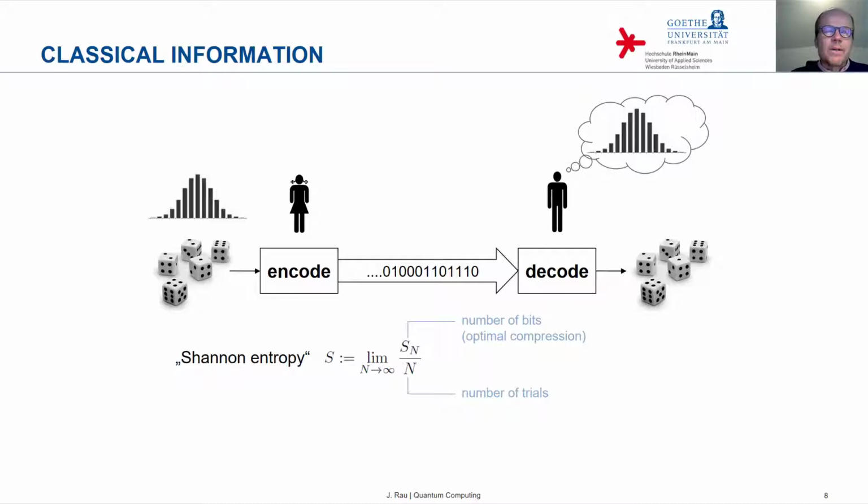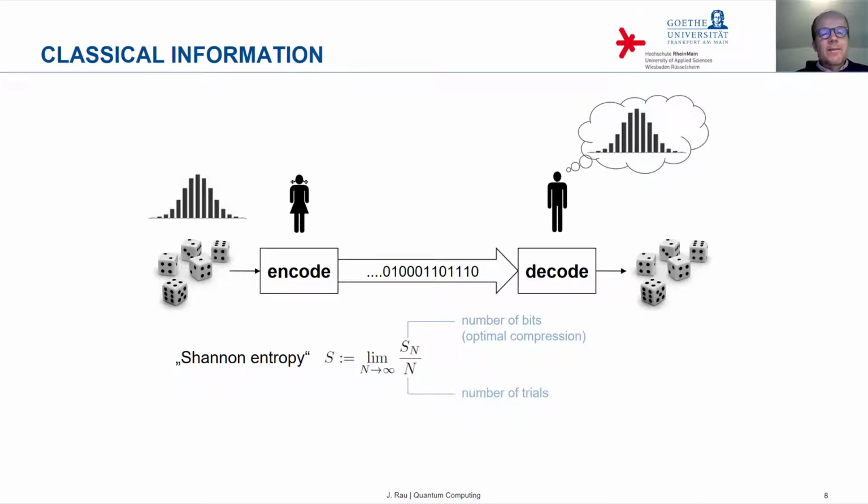To give you an example, if Alice rolls just one die, there are 6 possible outcomes. And in order to encode that, Alice needs 3 bits, because with 3 bits you have 2 to the power 3, so 8 possibilities for the bit string.